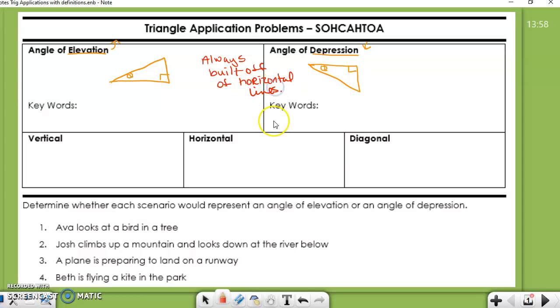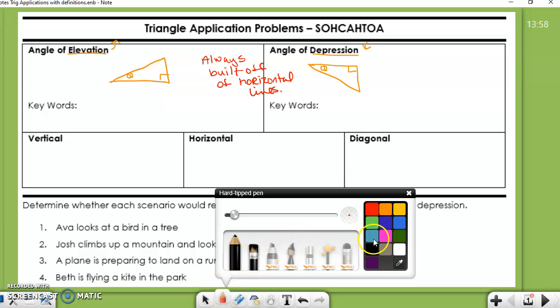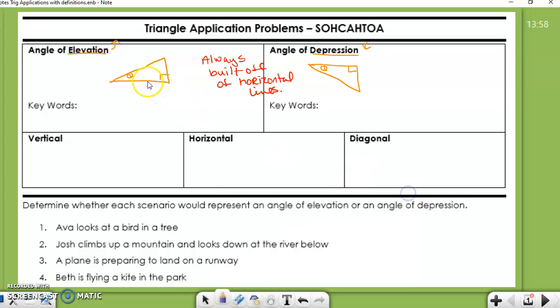So when we think about them in terms of a word problem, this is the horizontal line. The eye of the person is here, and they're looking up at an object. So this is my angle of elevation. It's built horizontal off of the eye, and then from the eye up to the object.